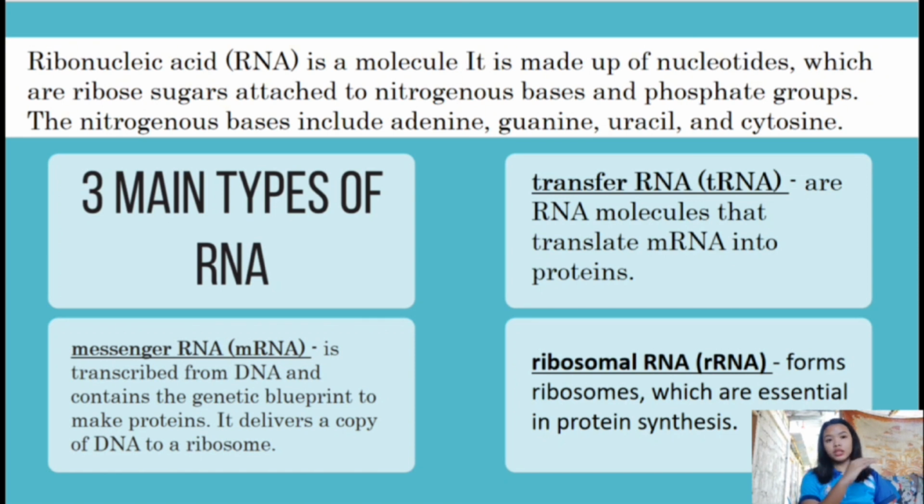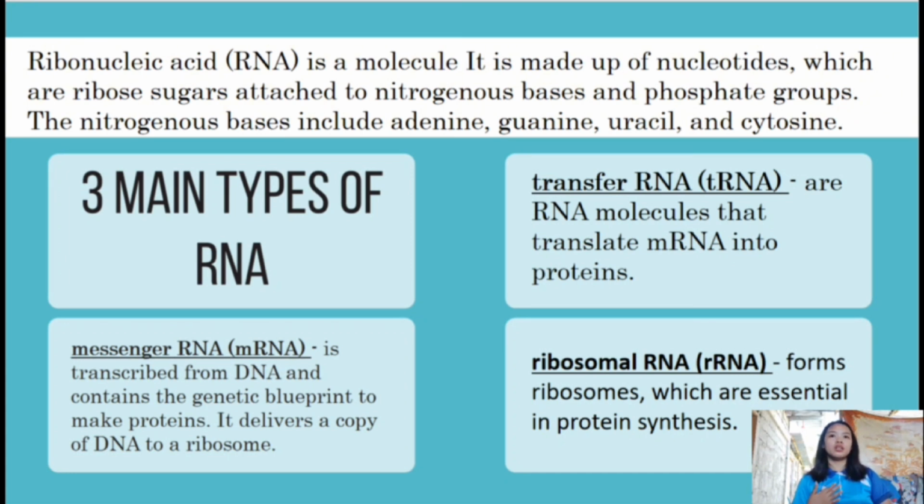So, it will deliver that to the ribosome. That is its copy from the DNA strand. Transfer RNA, meanwhile, is responsible for translating mRNA into proteins. While ribosomal RNA forms ribosomes, which are essential for protein synthesis.